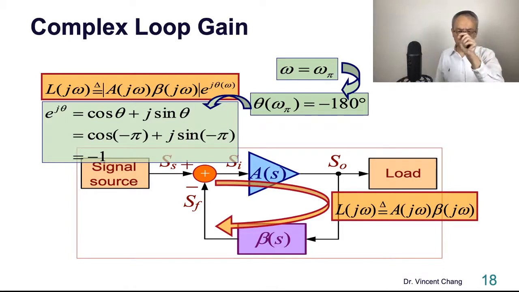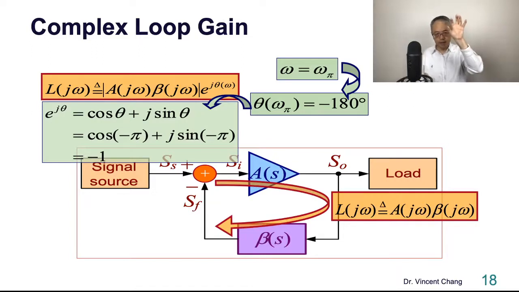So the complex exponential term becomes a real number. What number? Negative 1. At this frequency, negative 1 times the absolute quantity makes the whole complex loop gain a negative real number.